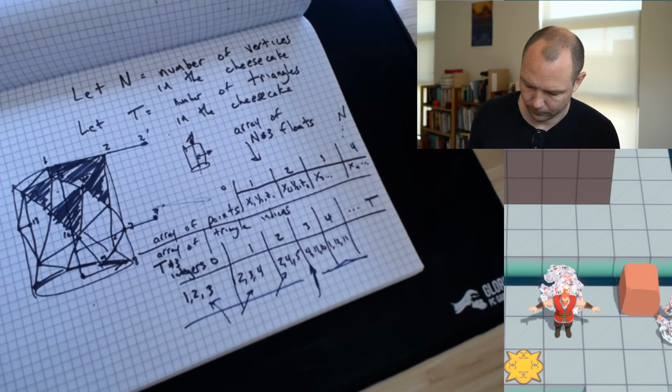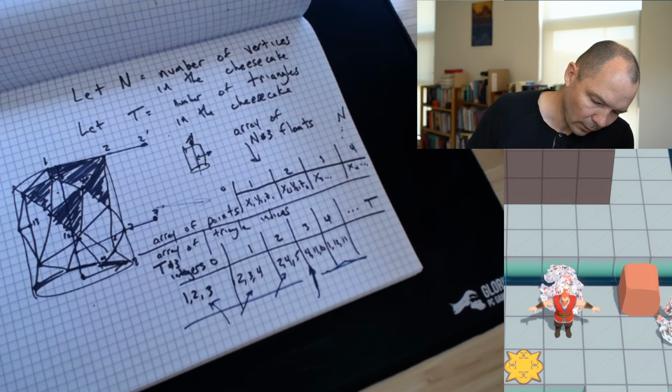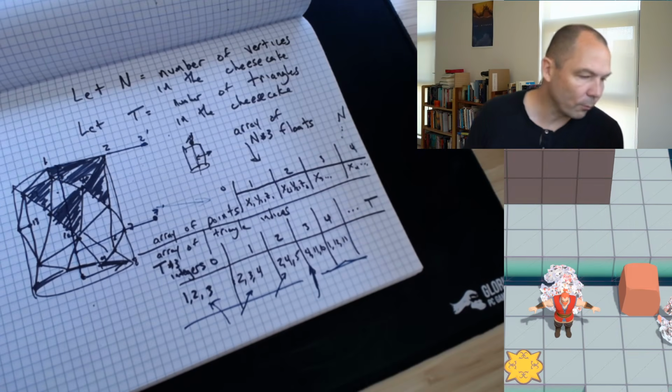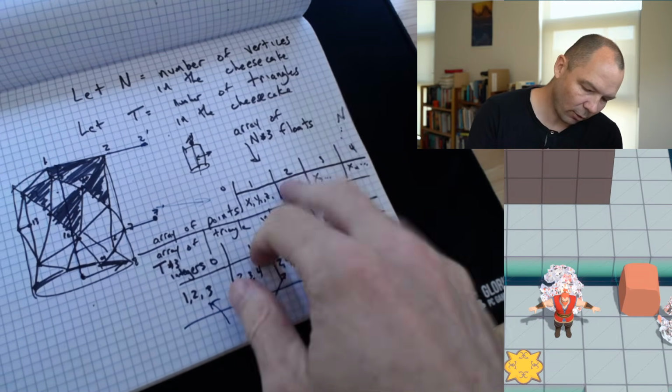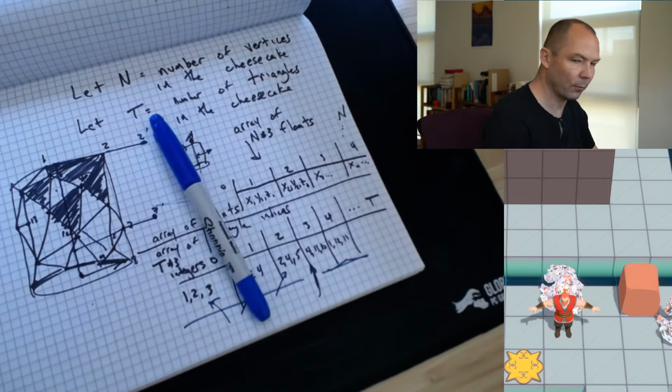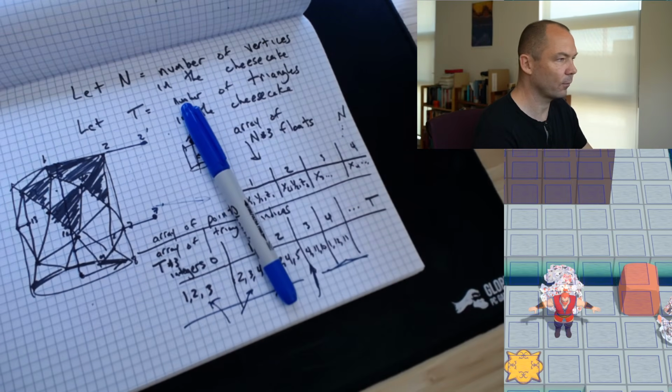Okay. So actual games tend to have objects with multiple of these per object. So let's go back to the game here for a second.